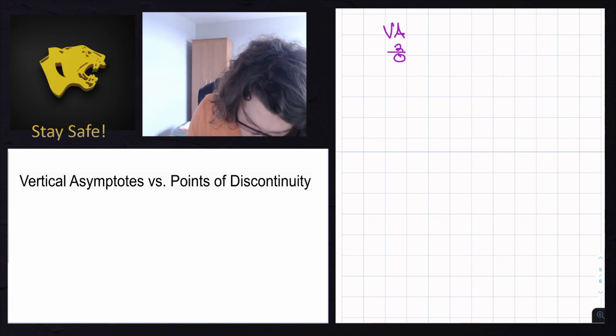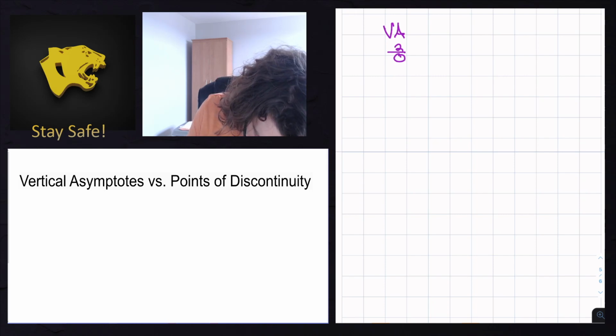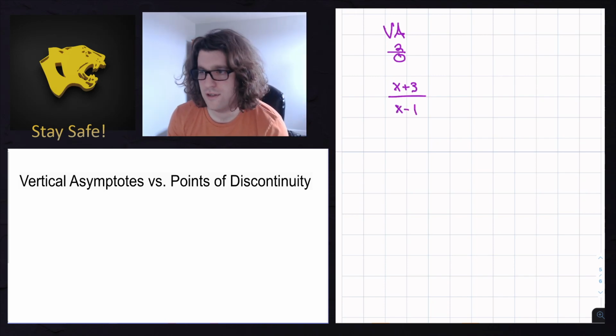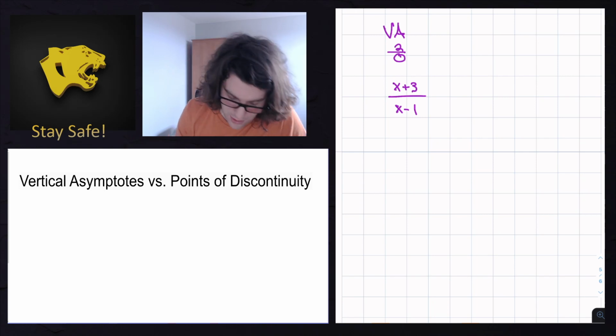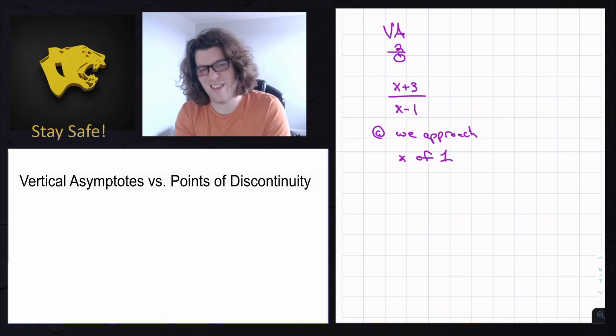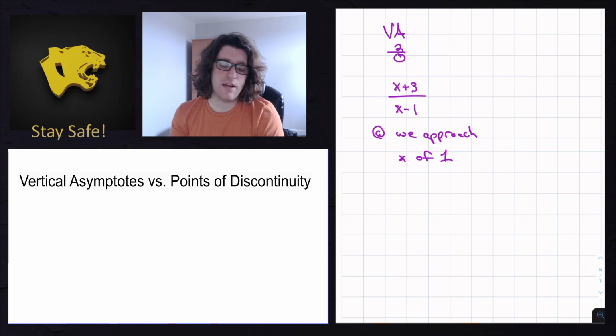Now, when does that happen? Well, it can happen, for instance, if we have x plus 3 divided by x minus 1. It's a very simple rational function, linear over linear. And so as we approach an x value of 1, then this function starts getting wonky.